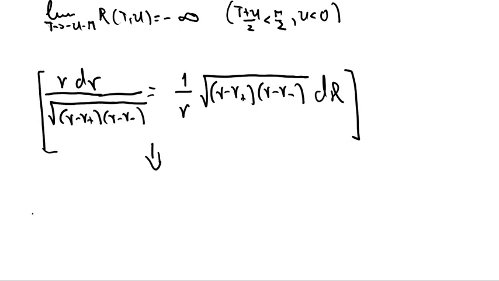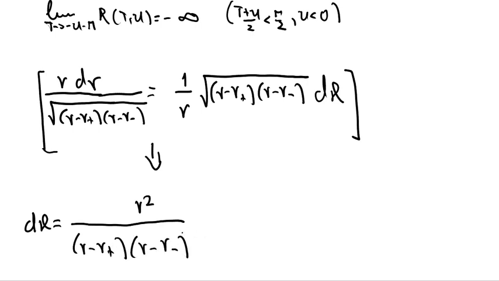So we get capital R equal to the integral of r squared over r minus r squared, dr. This is just an integral which we have to do. I'm just going to give you the result of the integral.